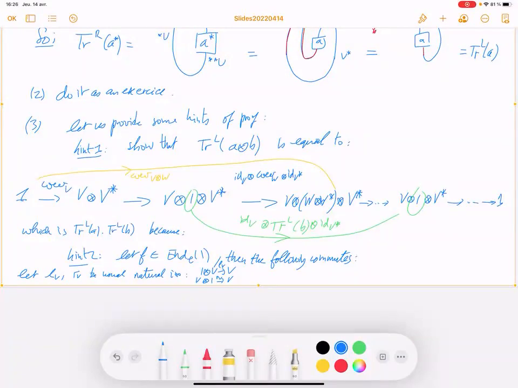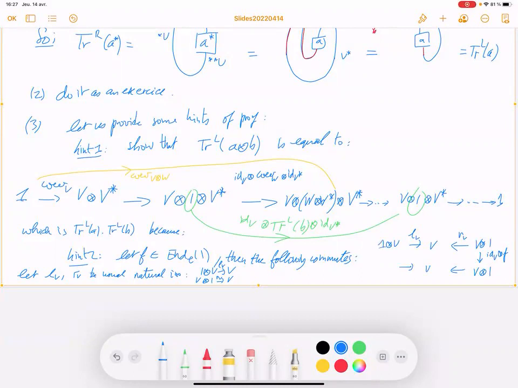What commutes? So you have V. You have V tensor 1. You apply R V. Or you have 1 tensor V. You apply L V. But here you apply identity of V tensor F. You come back to V tensor 1. V, same.